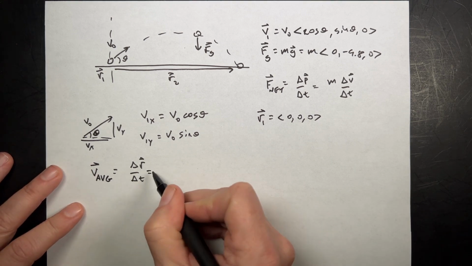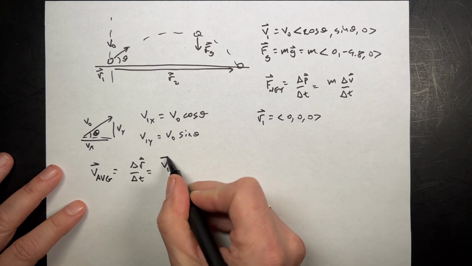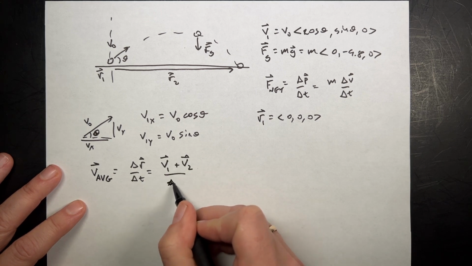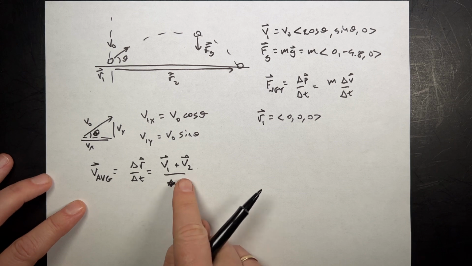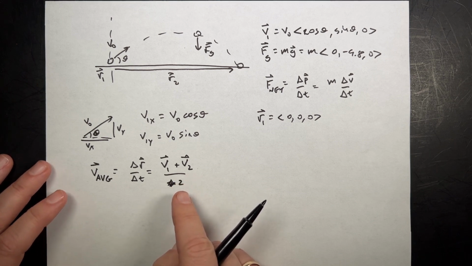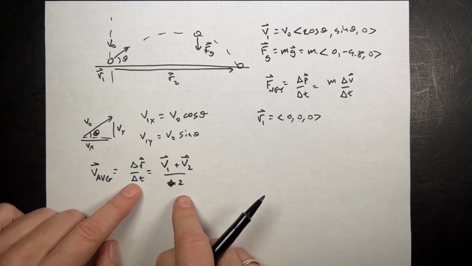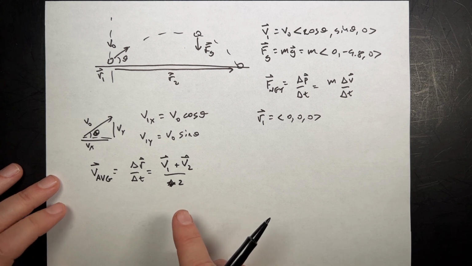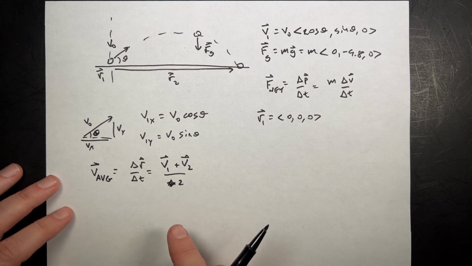Now, I can also write this as v1, the initial velocity vector, plus v2, the final velocity vector, over 2, the average. I can do this if the force is constant. If the force is not constant, then you can only do that if delta t is very small. But in this case, I have a constant force, so I can say the average velocity is this.